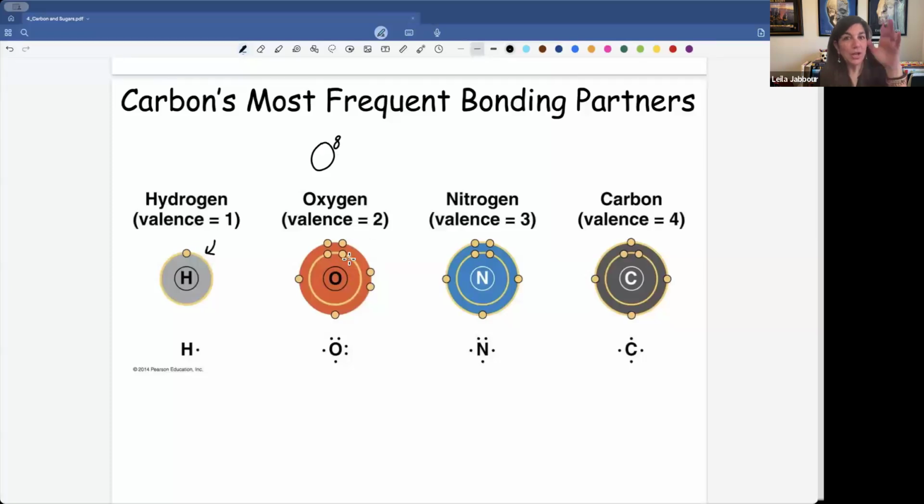So 2 on the first shell, we forget about those, and then 6 on the second shell. 6 is 2 away from 8. And remember, 8 is the maximum, and we need to reach 8 to be stable. So we need 2 more electrons, and this is what's going to happen. We're going to have 2 electrons shared with another atom. So oxygen can form two bonds.